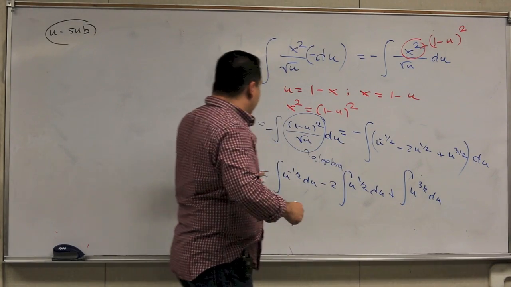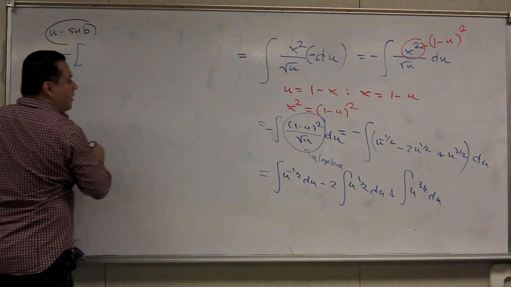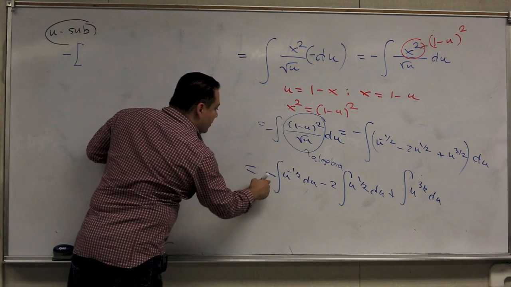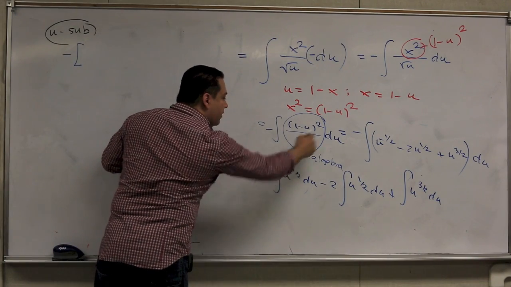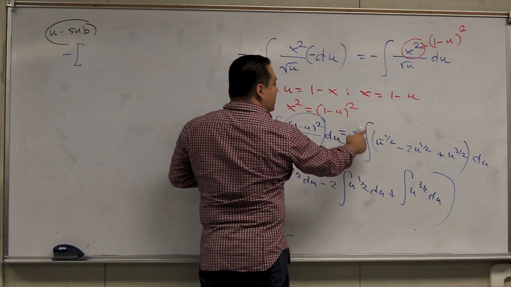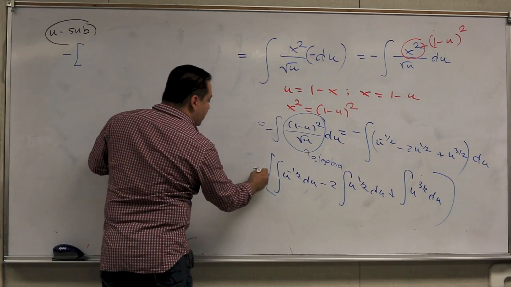I can keep that negative sign outside, and put the rest in a bracket, because that negative sign is there. This is minus this integral of these functions.